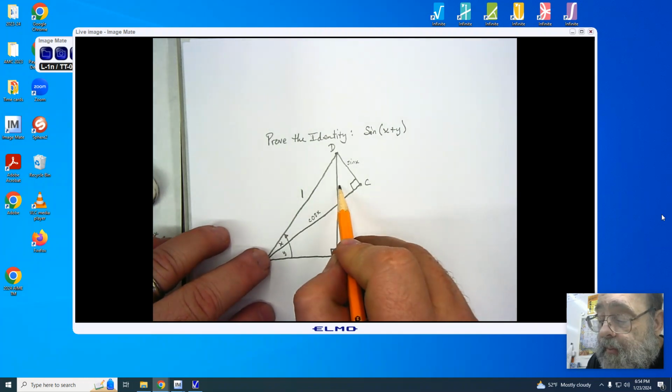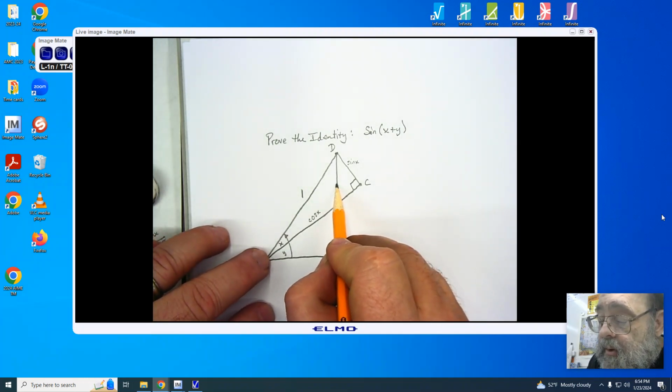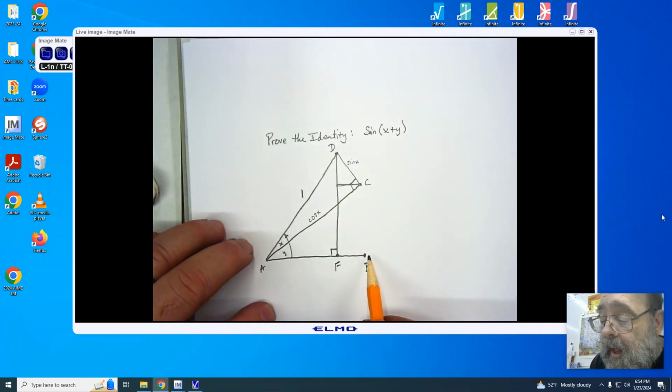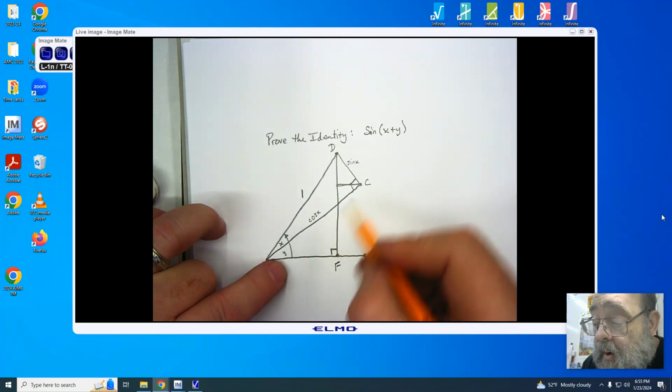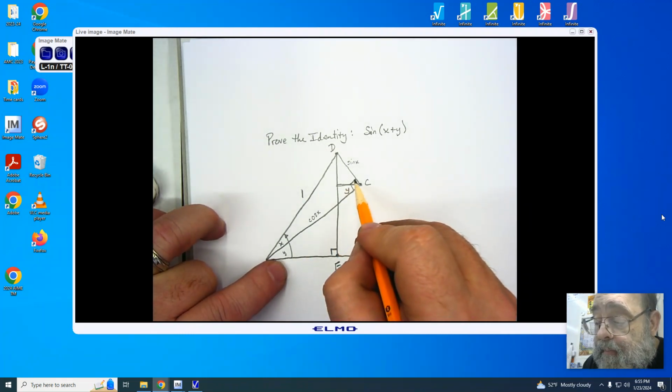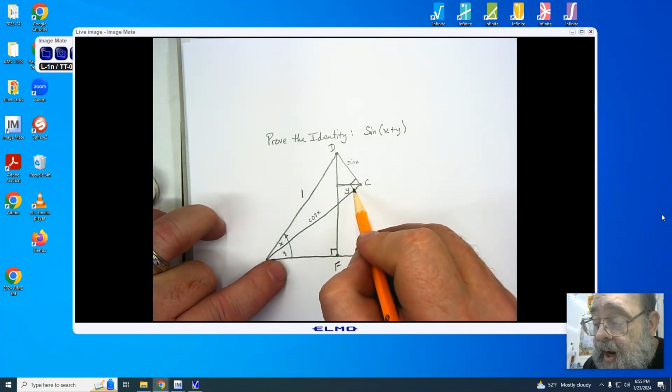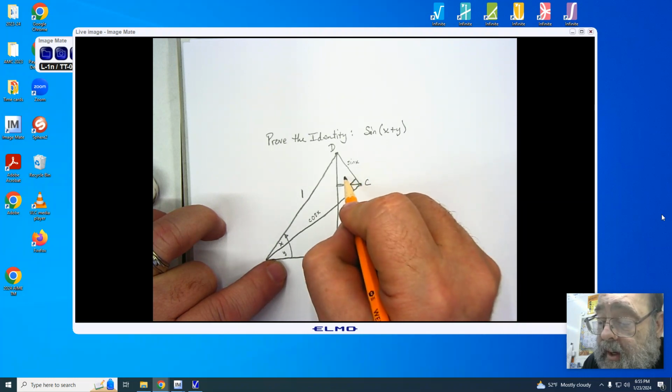Next, I'm going to look at two parallel lines. These two lines are parallel, cut by a transversal. That means this angle is y, but you'll notice it formed a 90-degree angle and is therefore complementary and has to be 90 minus y.